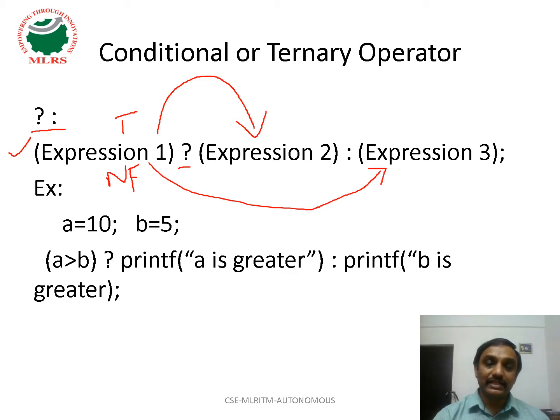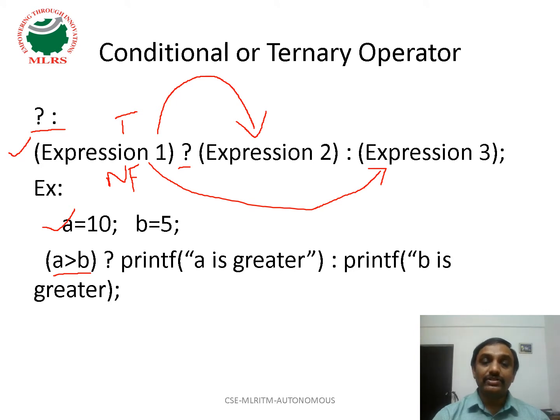Now see this example. We are finding which number is greater. A value 10 we have taken, B is 5. So a is greater than b. What is a value? 10. B value is 5. 10 is greater than 5.